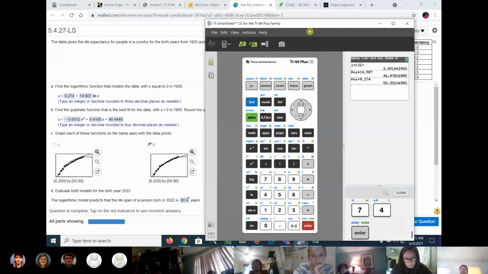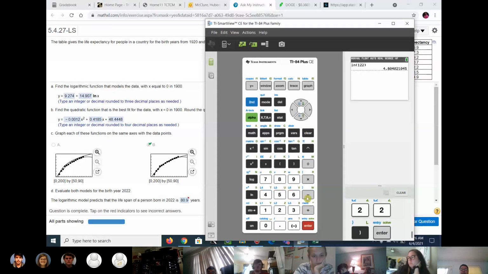So natural log of 122, close parentheses, times 14.907 plus 9.274. 81. They got 80.9. That's what they're doing. They're manually punching it in.